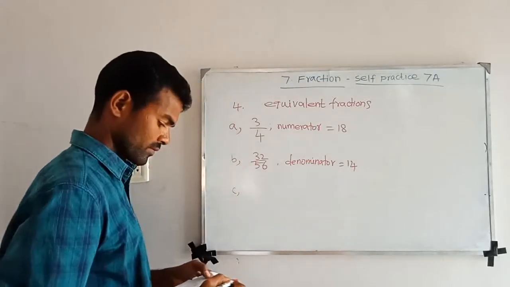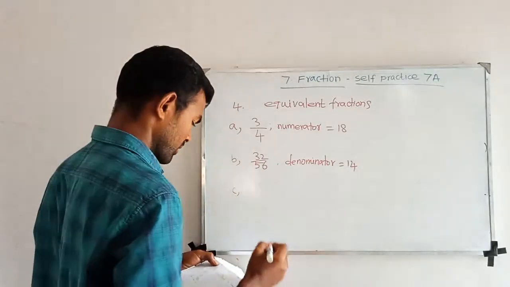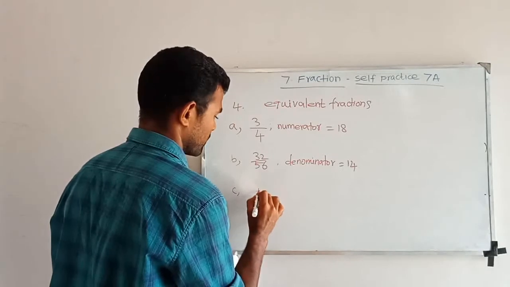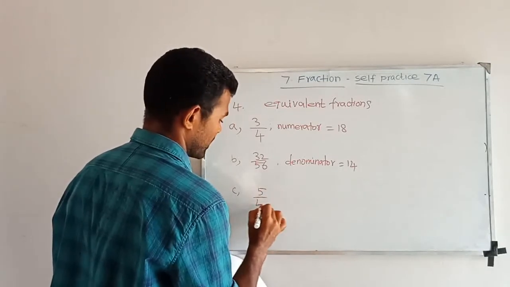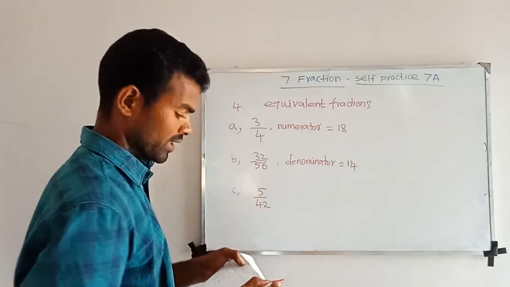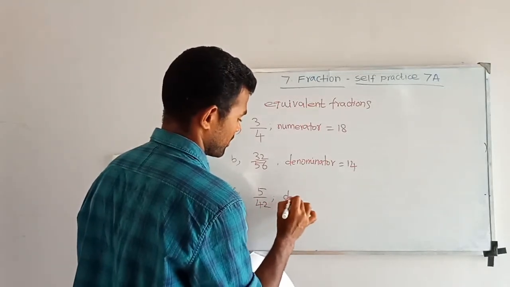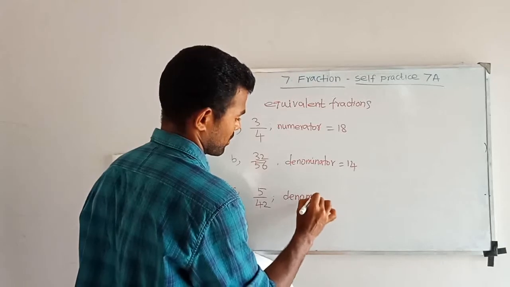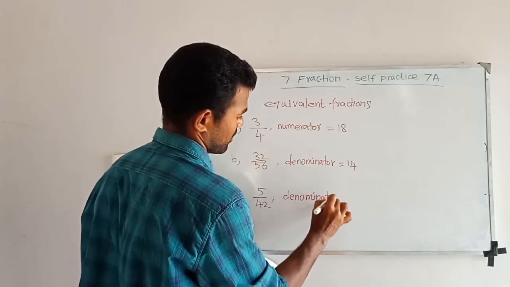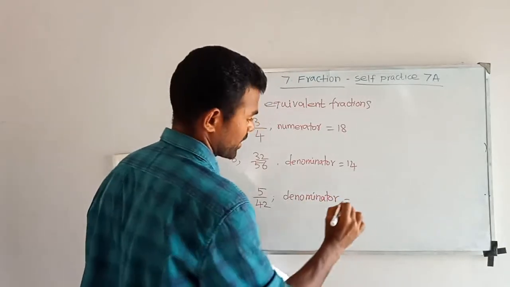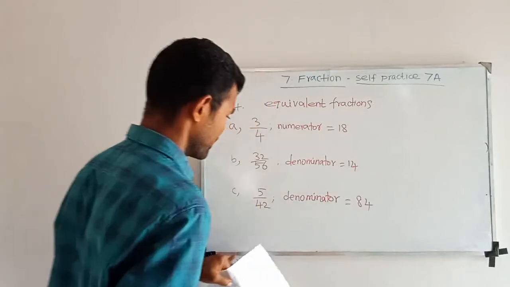And for C, 5 by 42. Denominator is 84. Yes.